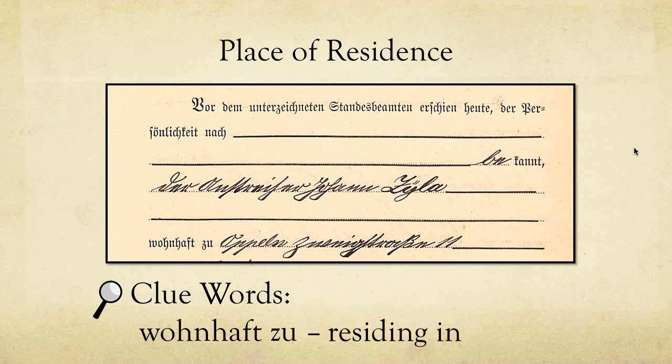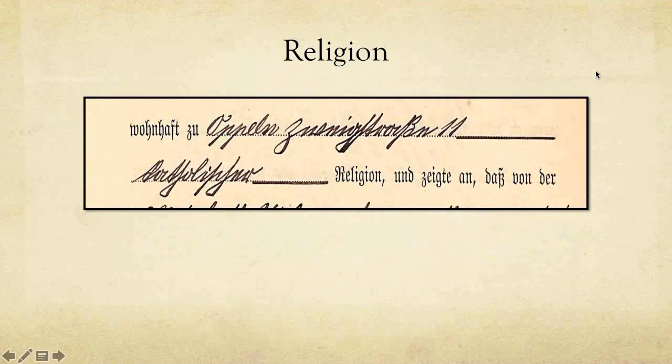Remember it, residing in. There it is in the script. And our town here is the town of Oppum. Now, if you're lucky, the town will be the same place that was written at the top where the certificate was issued. However, you might get a different town nearby if they lived in a smaller village. So wohnhaft zu, residing in.